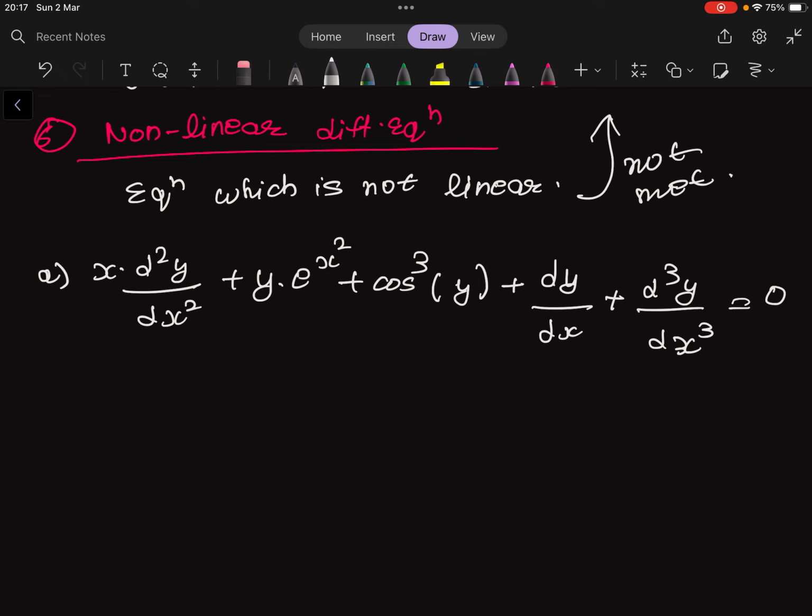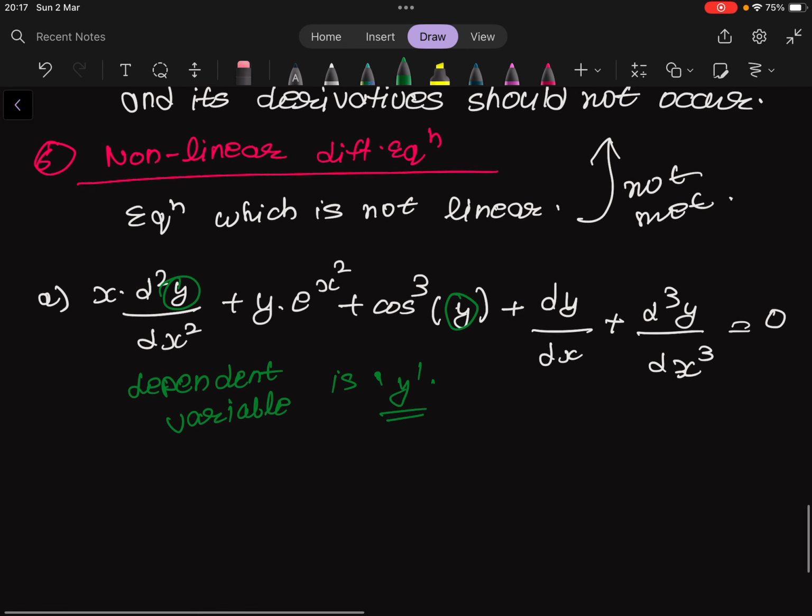In this case, the dependent variable is y. If we see the highest order, the degree of this equation is 1. So every criterion, like the above 4 criteria, is met. So we can say this equation is a linear differential equation.